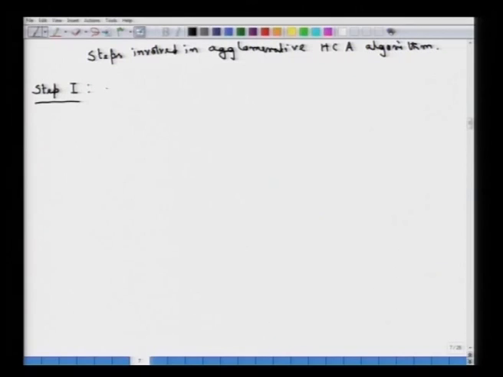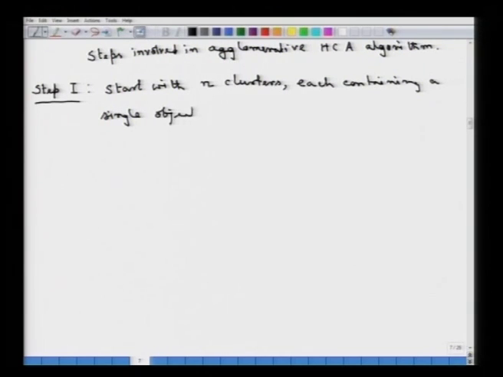So, at the step 1 we start with n clusters, each containing a single object, and an n by n symmetric matrix of distances.